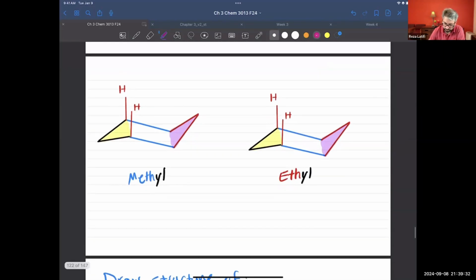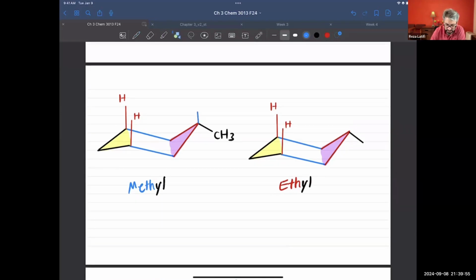So if I want to choose the best position for ethyl or methyl groups, I'm going to put them down here in equatorial position. So I'm going to put the CH3 down there, and here I just simply leave it as a hydrogen atom, and a hydrogen atom is not going to create much 1,3 diaxial strain.